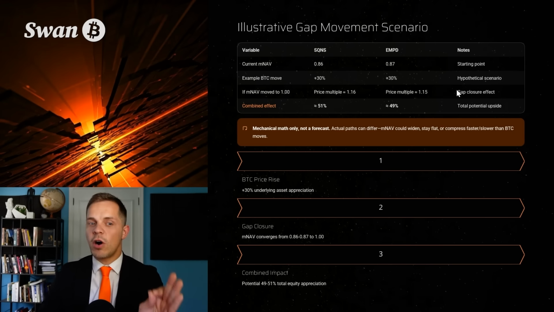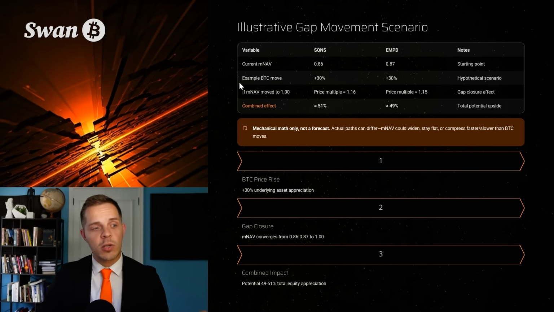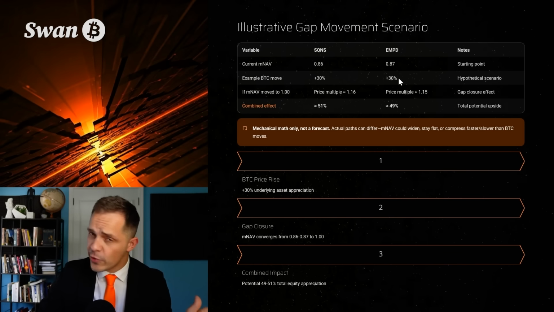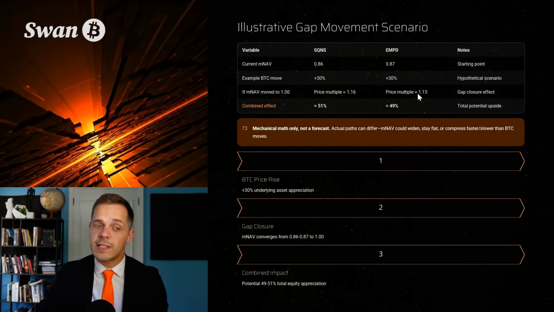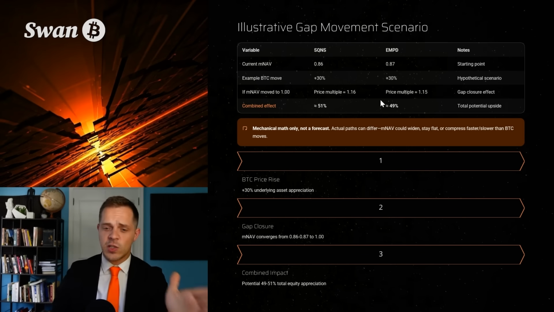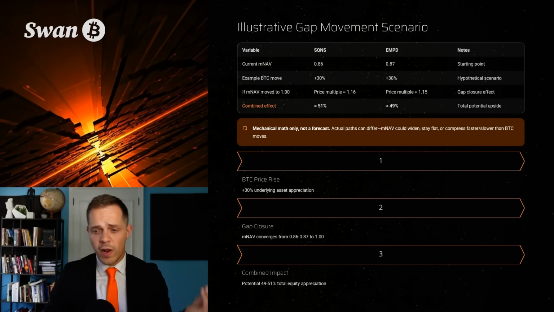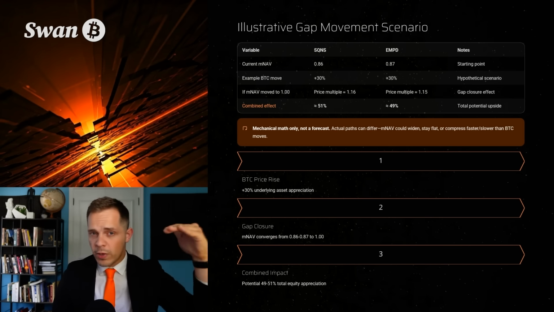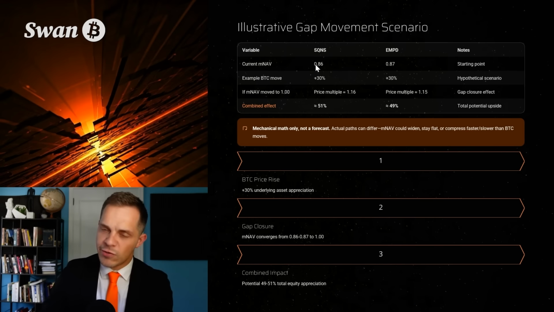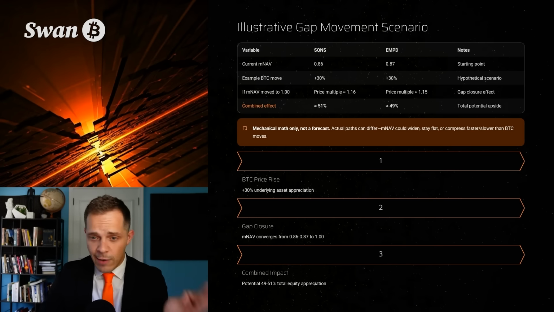So there is something called the gap closure effect if the M-NAV moves to a 1. This row right here is representing a 30% move in the Bitcoin price. So with this row, we are isolating a 30% move in Bitcoin, and then we're going to turn to this row where we talk about a price multiple. This row isolates what would happen if the equity's price to BTC ratio migrated from its current level to the 1.0 parity. So if the M-NAV drifts to a 1 for Sequans, that would mean a price multiple of 1.16.